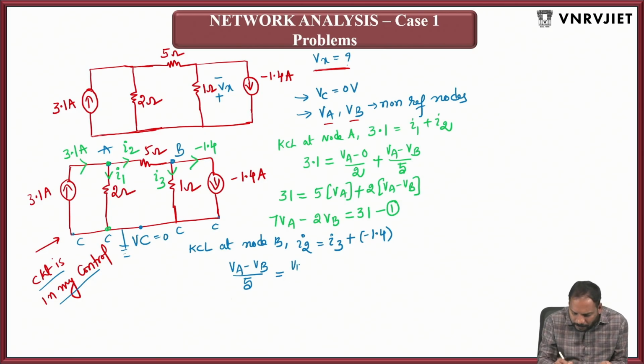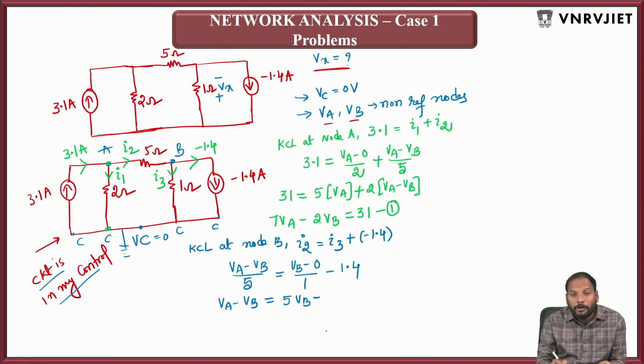I3 is VB minus 0 divided by 1, then minus 1.4. Okay, now try to multiply with 5 throughout. Then what will happen? VA minus VB is equal to 5 VB minus 1.4 into 5. It is how much? 7.